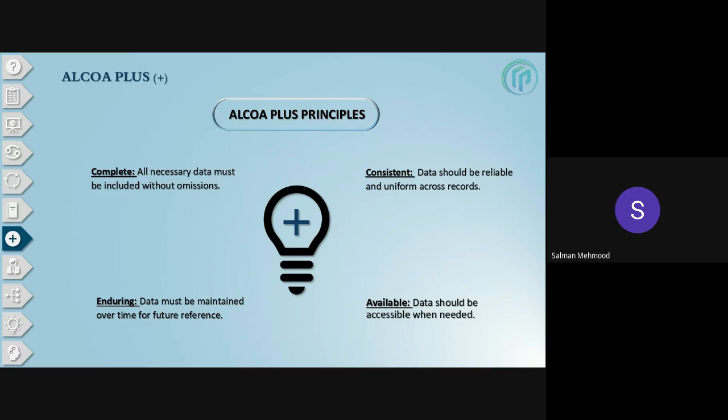And consistent means data follows a logical order and time sequence. If a sample preparation time is recorded after the analysis, then the data timeline does not make sense.